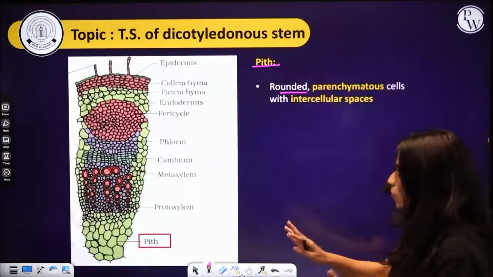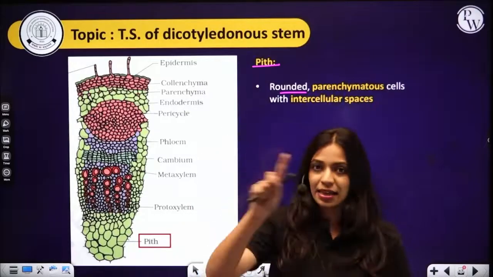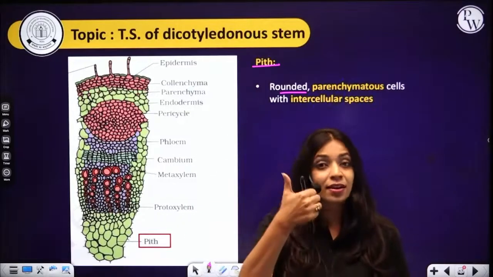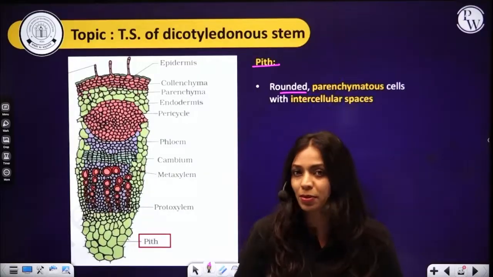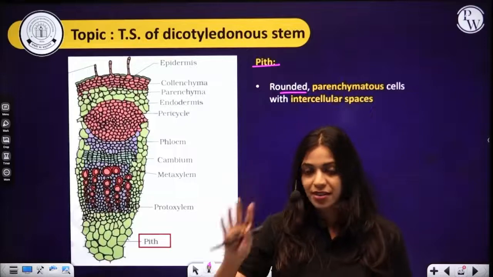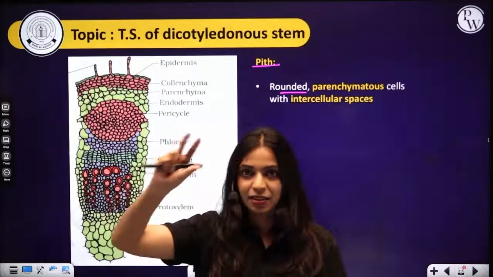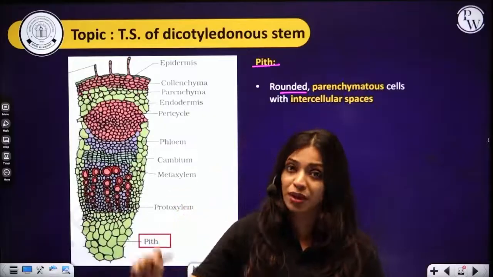Let's quickly summarize before we move on to the TS of monocot stem. Epidermis: single layer, parenchymatous, trichomes may be present, stomata may be present, cuticle will be present. Below that you have the cortex. Cortex has 3 zones. Just below the epidermis, a multi-layered hypodermis, which is collenchymatous.